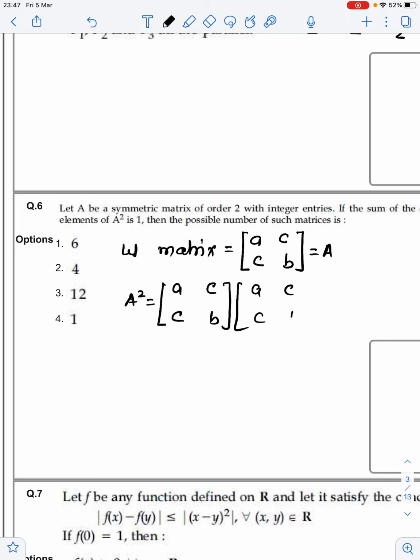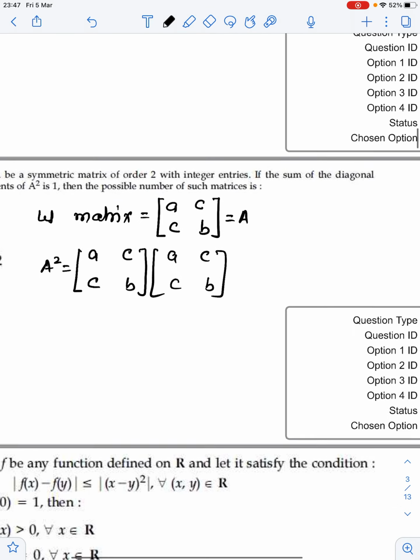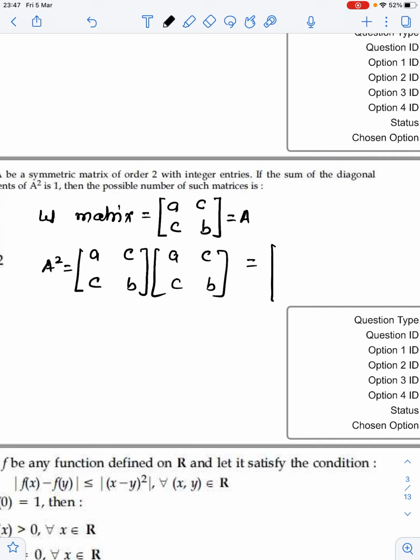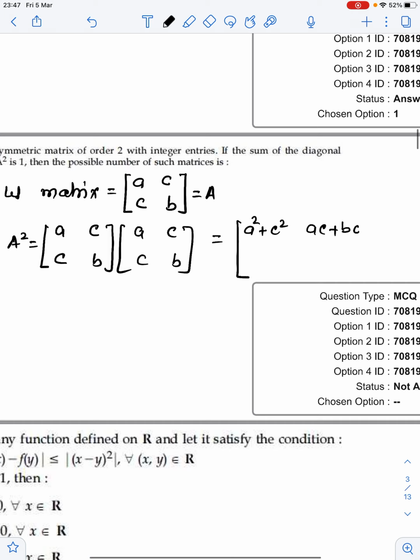When we perform A square, we will get A square plus C square, AC plus BC, AC plus BC and C square plus B square. So this is our A square.